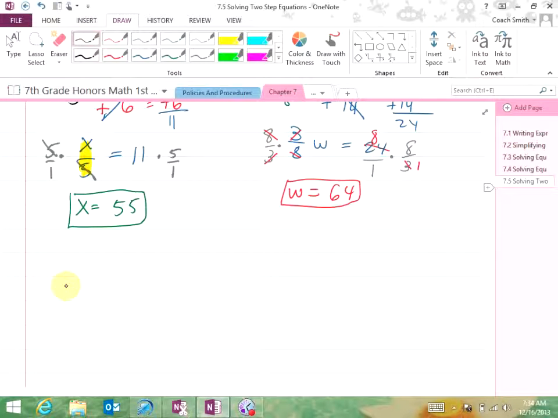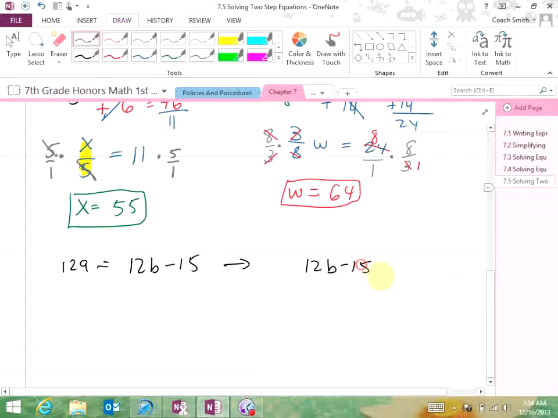I want you to do this one on your own. 129 equals 12b minus 15. Remember, those two expressions are exactly the same.